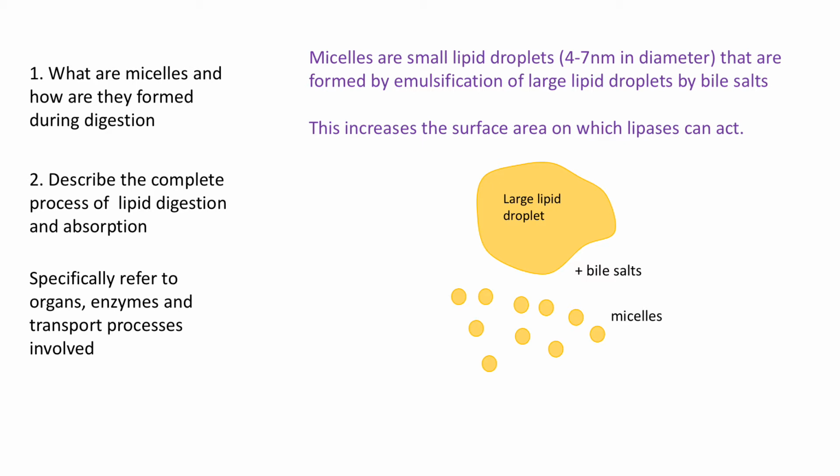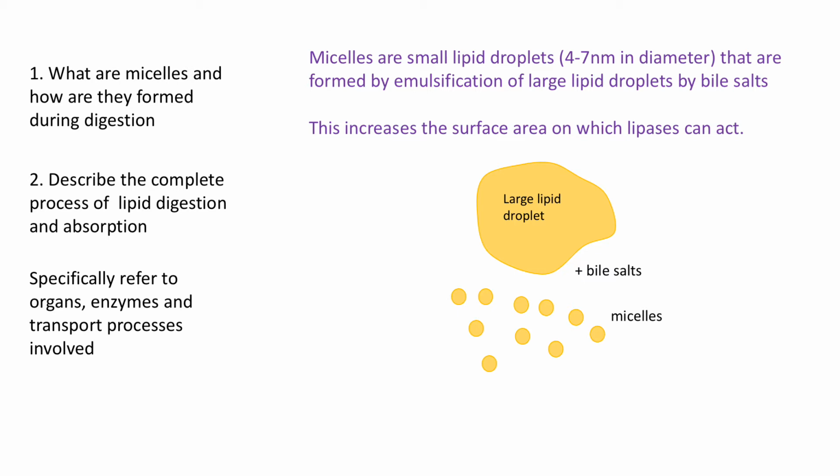There are those bile salts and phospholipids with their polar heads facing out towards the water-based solution, so they're hydrophilic, and then the lipid part of those molecules, the non-polar part, faces inwards towards the hydrophobic, lipophilic part of the molecules, where there'll be triglycerides, cholesterol, fatty acids, and monoglycerides.